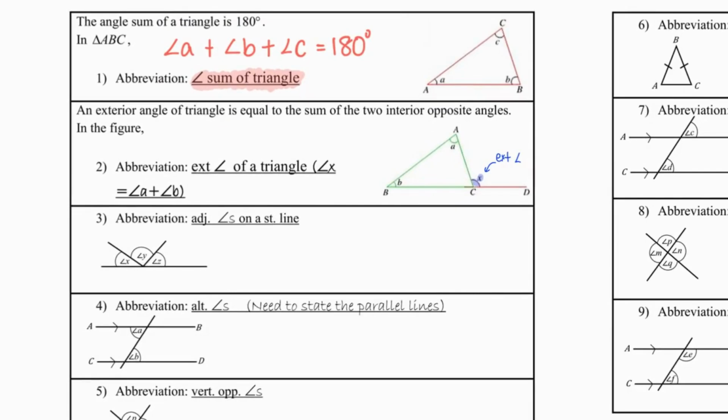This means that angle X is equal to, in this case, angle A plus angle B. And the abbreviation: exterior angle of a triangle.